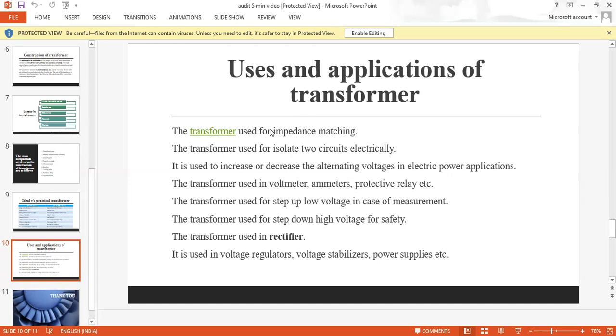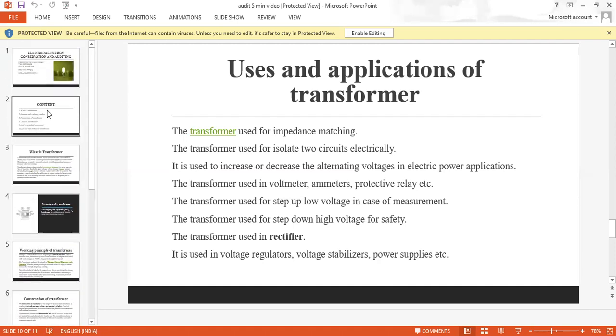It is used to increase or decrease the alternating voltage in electric power applications. It is used in voltmeters, ammeters, protective relays, etc. It is used to step up low voltage in case of measurement, and to step down high voltage for safety. It is used in rectifiers, voltage regulators, voltage stabilizers, power supplies, and many more.